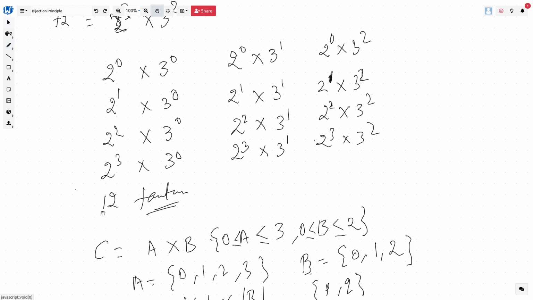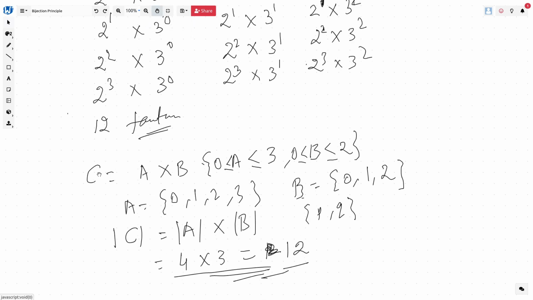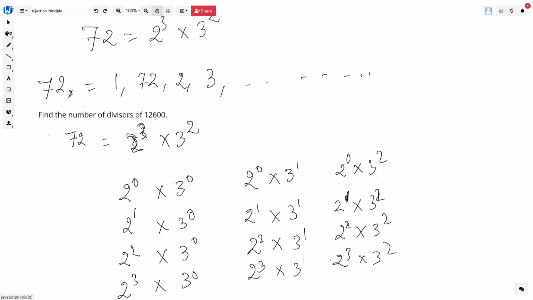So this is 0, 1, 2, 3 and this is 0, 1, 2, right? We are finding all these couples and then simply using the Cartesian product. So this rule can be generalized, and we can now try to solve this problem.